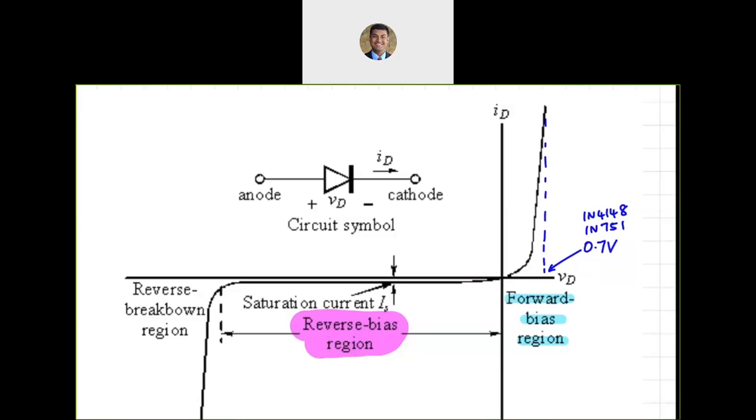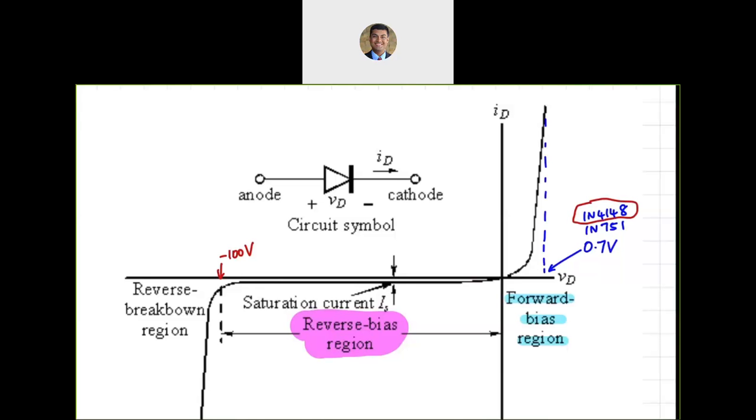And as you keep increasing that value all the way back to a certain voltage, say for example -100 volts for the 1N4148 diode, it is going to break down at that voltage.